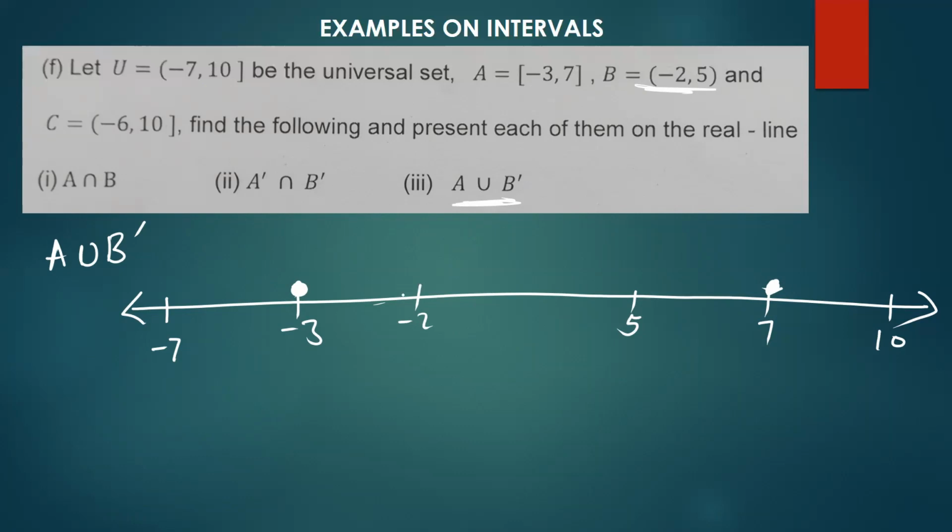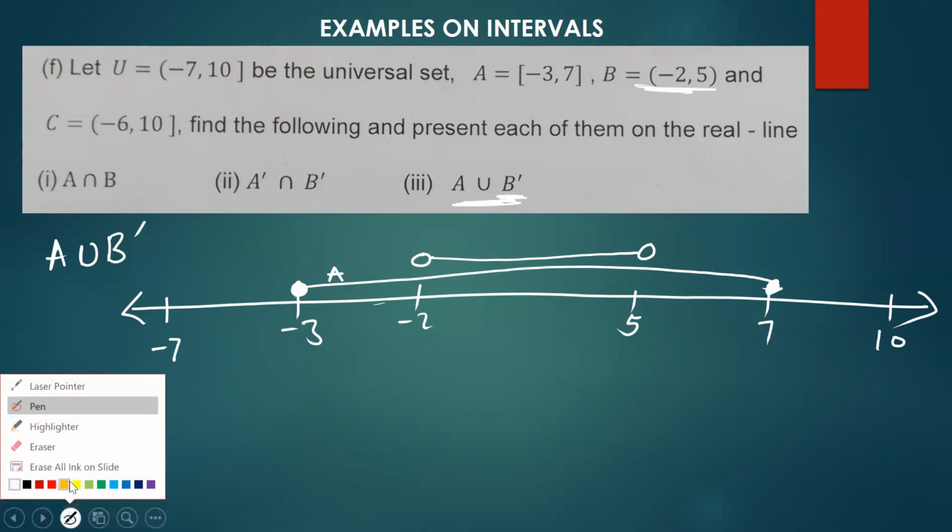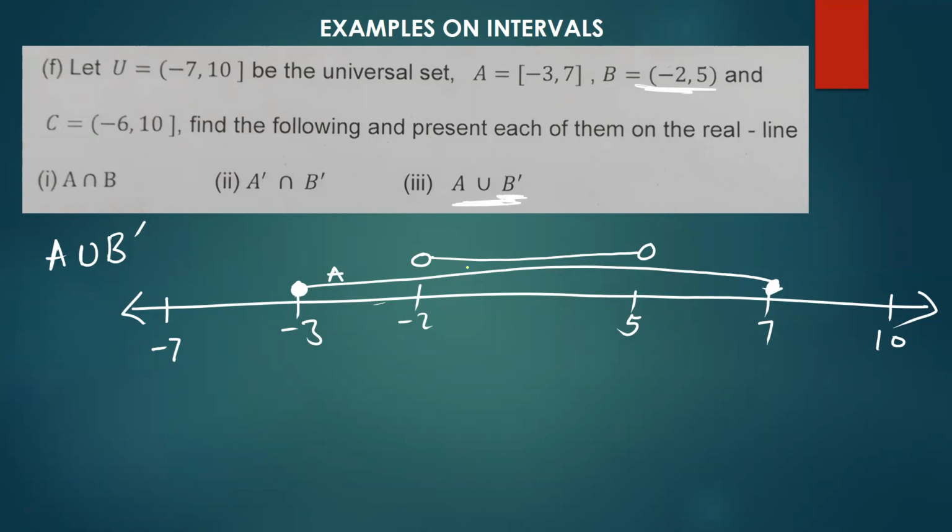So let me first draw A. Now we're trying to find the union of A, which is this one, and B complement. B complement is anything that is outside B. So we have A, and B complement will be from there.